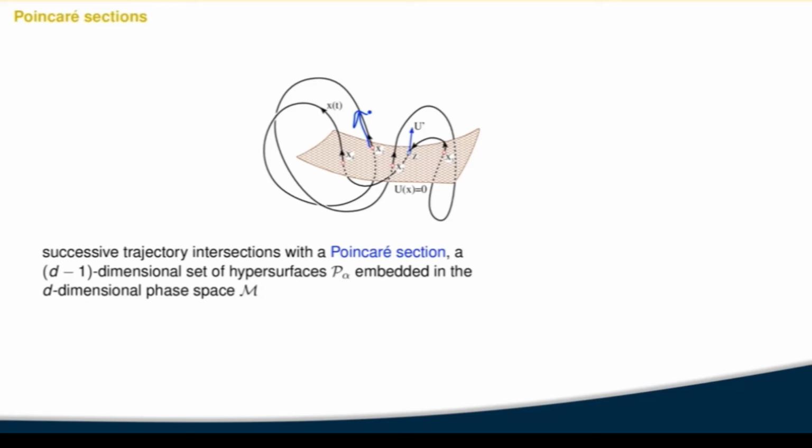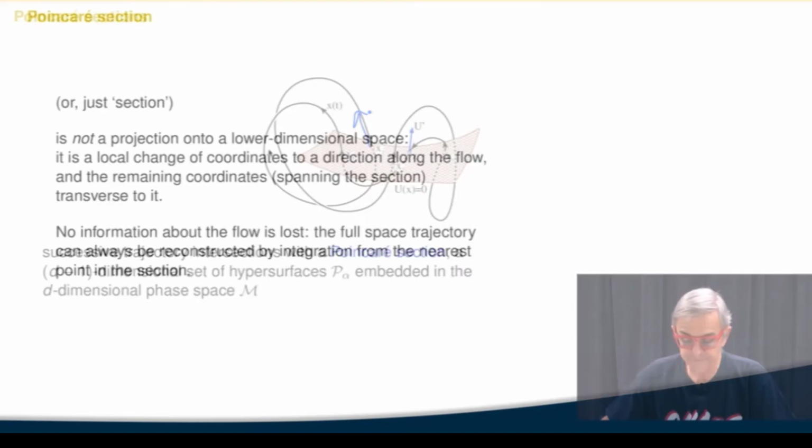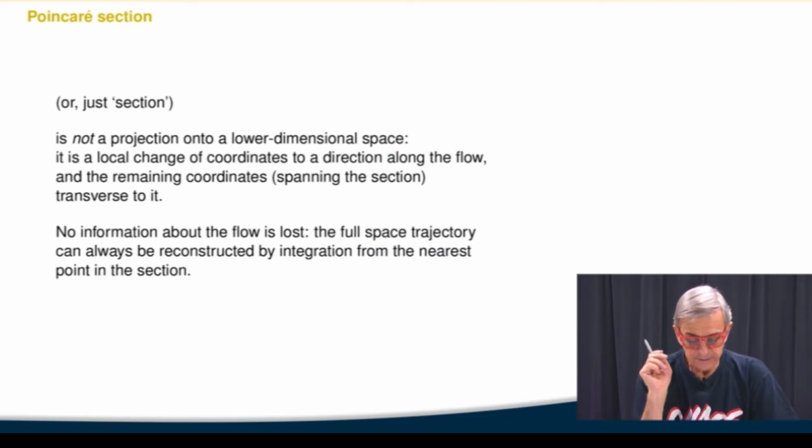If you want to find any point on the orbit, you can just start at the section and integrate to it. So you haven't lost any information by going this way. So you can always reconstruct your trajectory, but the new coordinates are much smarter than the original ones, as you will see.